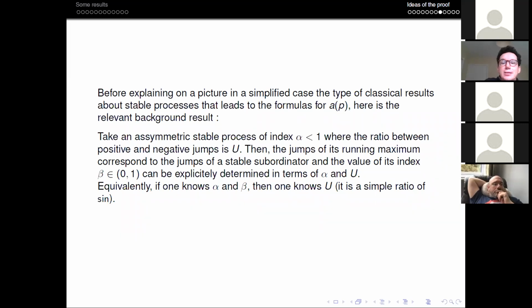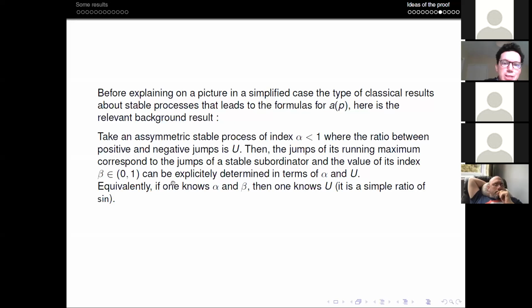And this is the type of formula and input that you use in the framework of these stable growth fragmentation trees that you relate to the discovery of these models. This is the origin of these arctangent formulas in the A of P that I started with.